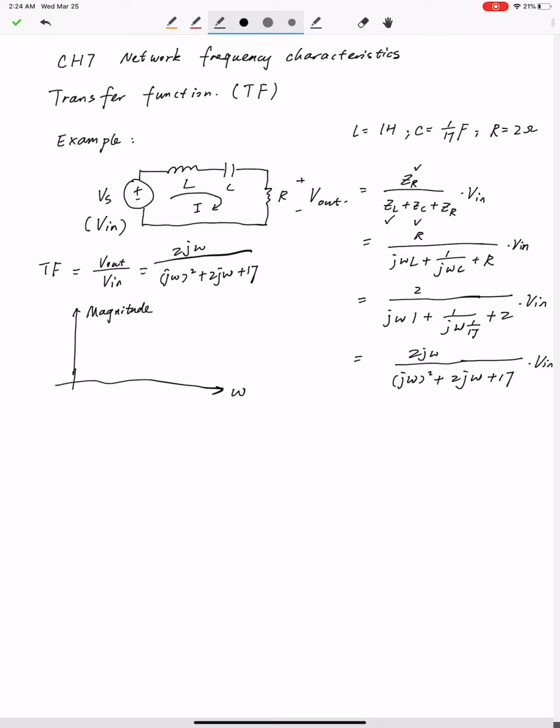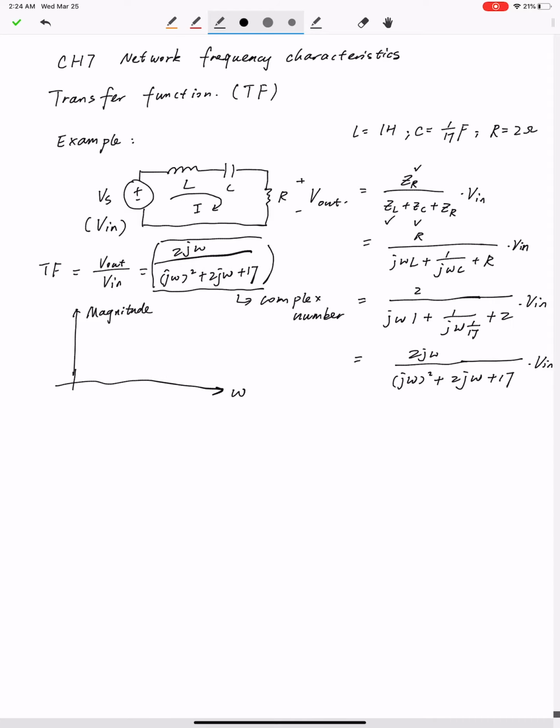This is a complex number with a real part and an imaginary part, but we haven't converted it into the representations we are familiar with, which are polar form or rectangular form.